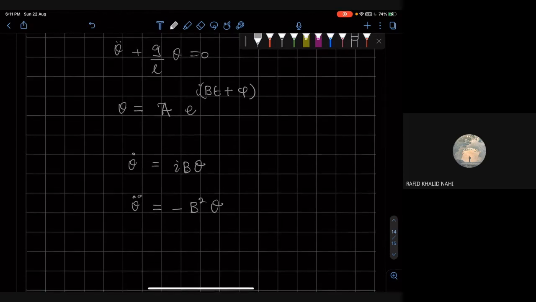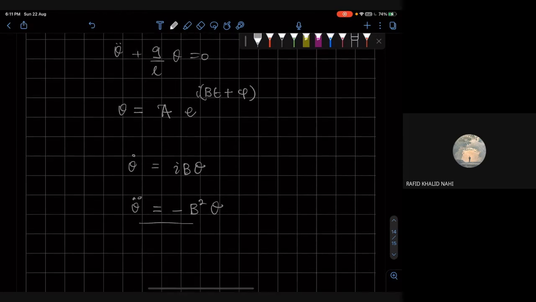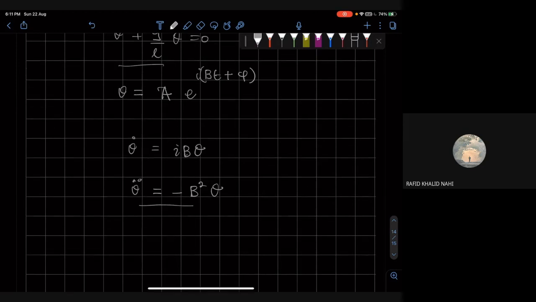So if I compare this with the differential equation, that means b squared is g over L, and therefore b has to be the square root of g over L.